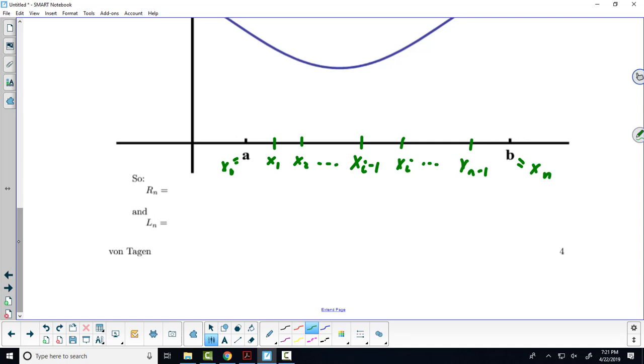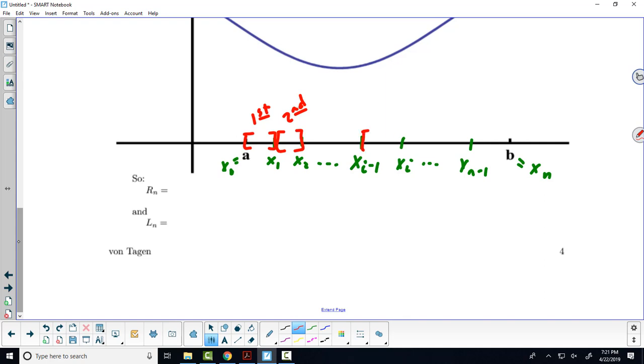So let me do this now. We can now go ahead and start making our intervals, right? So this would be the first interval. This will be the second interval. And the way we've numbered this is why we numbered it this way.